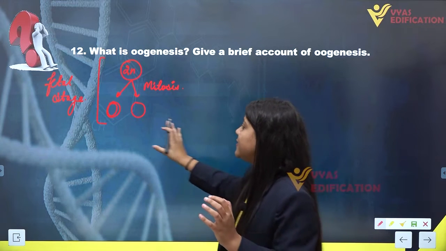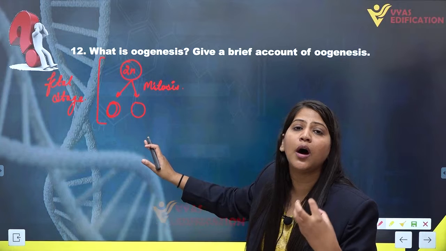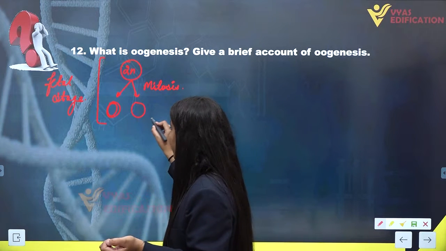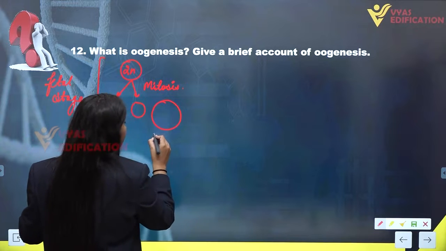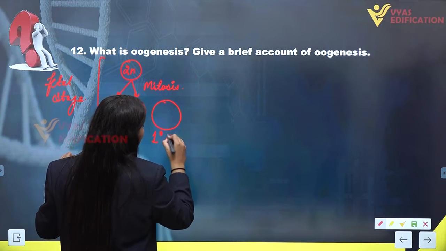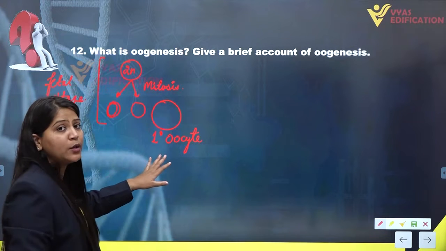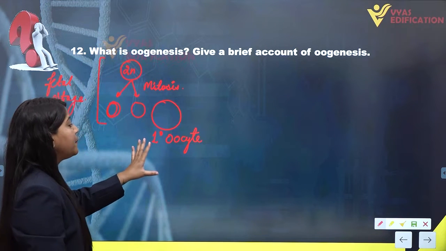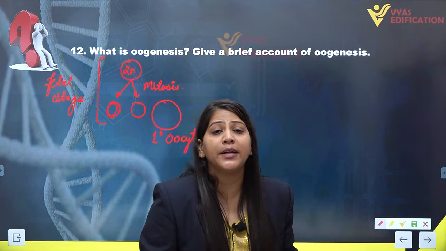among all these cells, several cells will transform into a grown cell which is known as a primary oocyte. This is the primary oocyte. Now this primary oocyte will undergo the first meiotic division.